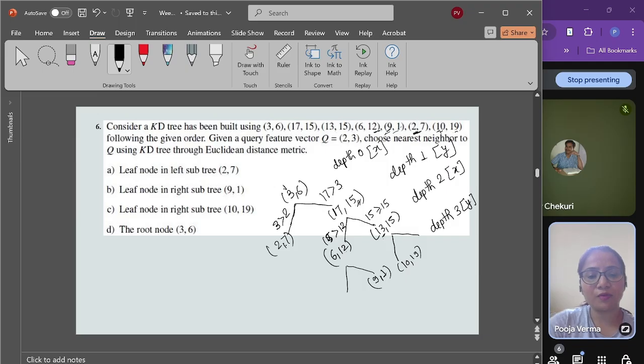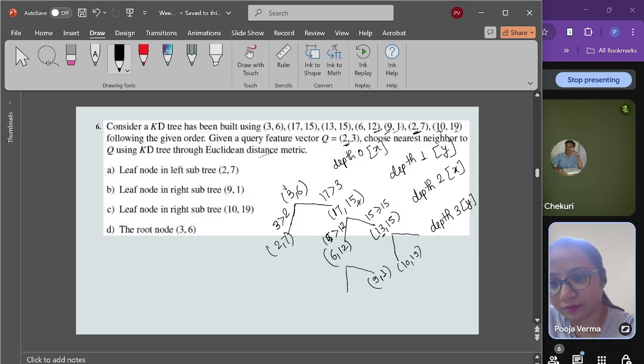Okay, which value is nearest to this query feature vector, and we need to calculate using the Euclidean distance metric. Okay, so already we know what the leaf nodes with no children are. First we will start from there.